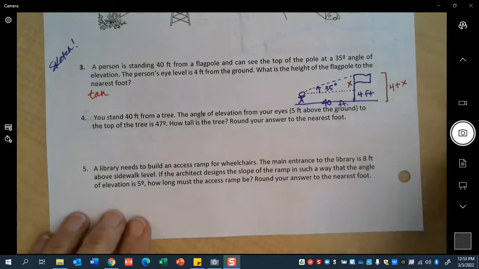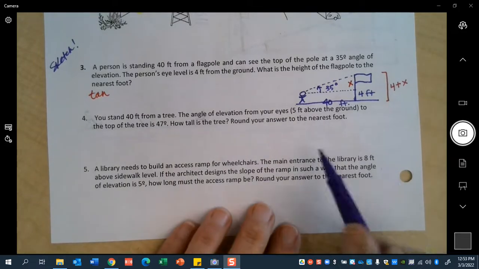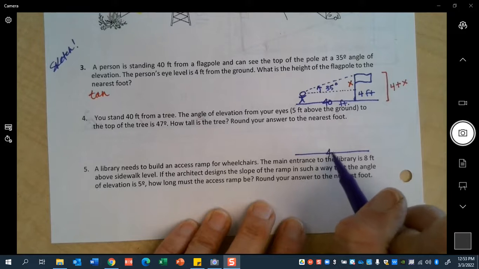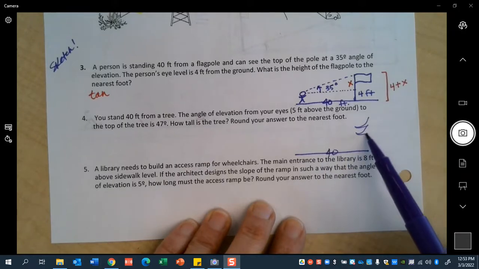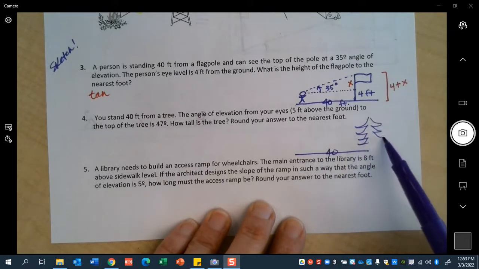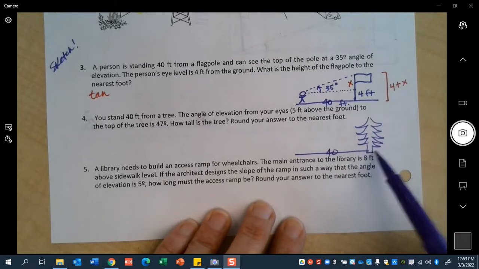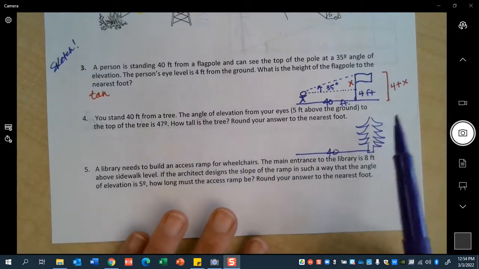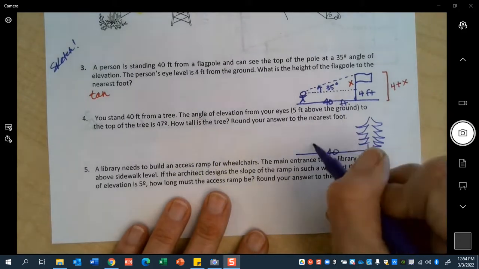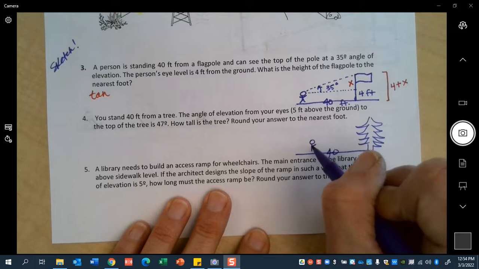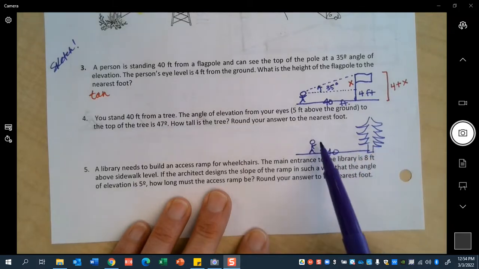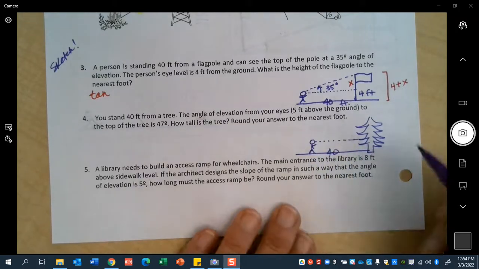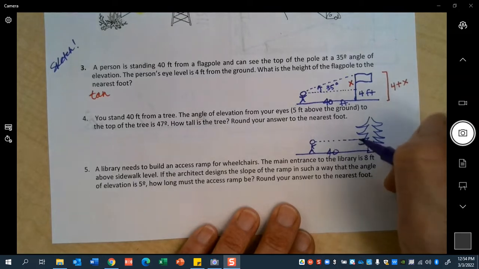You are standing 40 feet from a tree. Again, I'm 40 feet from a tree. It's Christmas. The angle of elevation of your eyes to the top of the tree is 47 degrees. So here I am. What's this dotted line? Your horizontal.